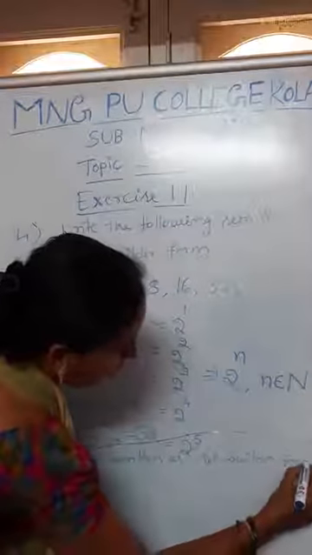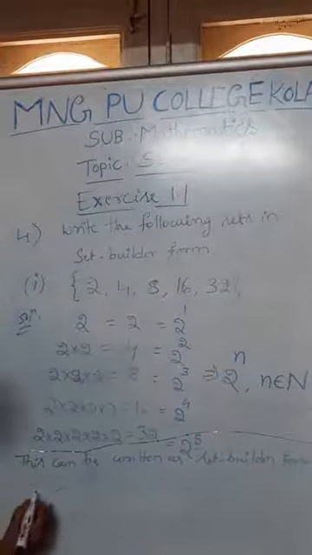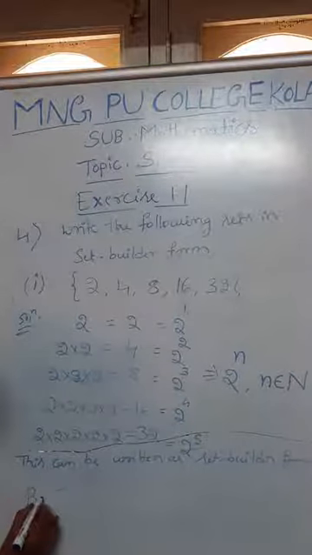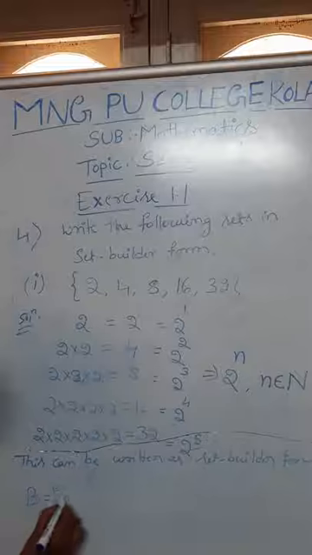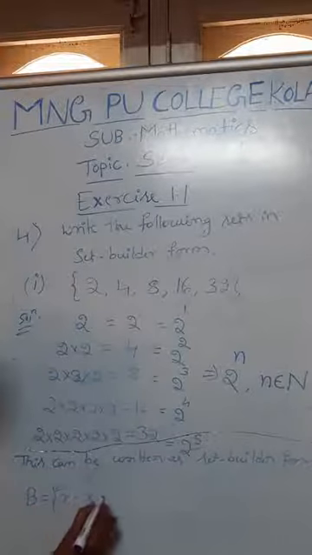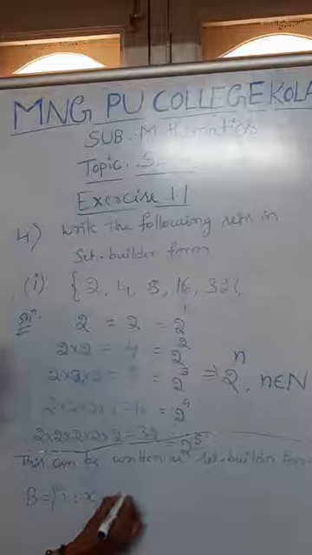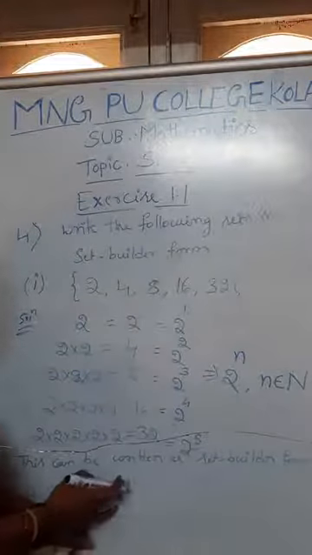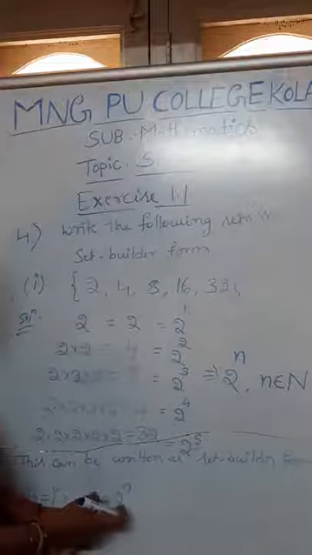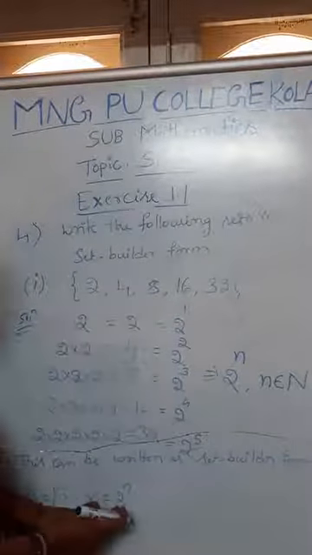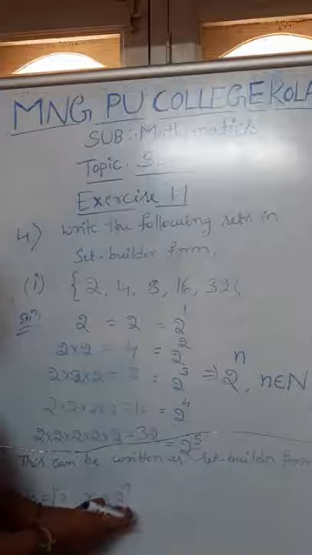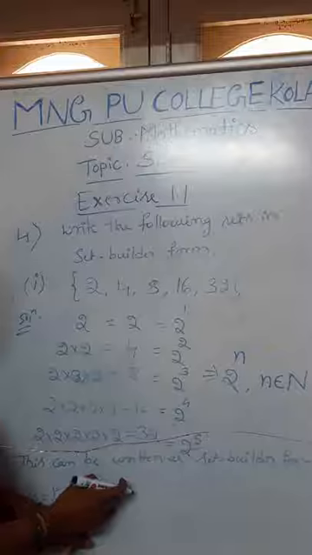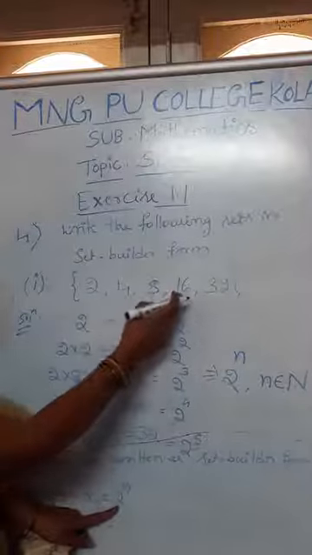Set builder form is this: take the set, any set B, equals x such that x equals 2 to the power of n. In place of n equal to 1, we get x value 2. For n equal to 2 we get 4. For n equal to 3 we get 8. For n equal to 4, 2 to the power of 4 is 16.